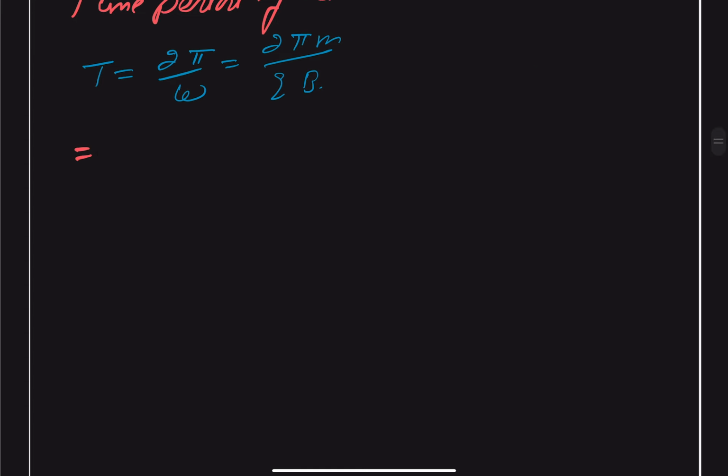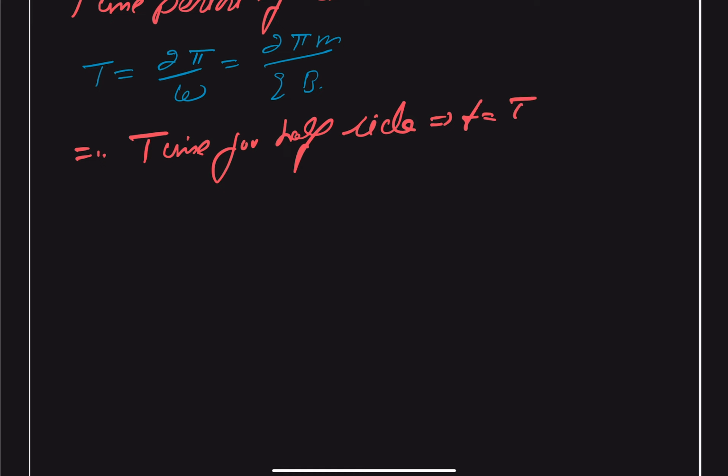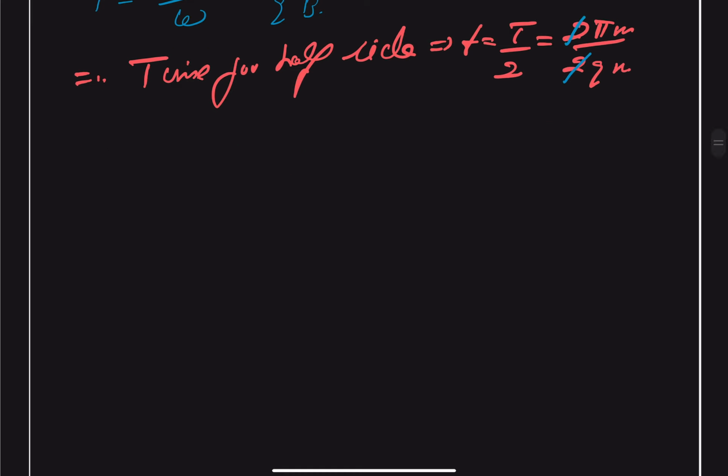So therefore we can say time for half circle, small t, will be capital T divided by 2, and this gives us 2 pi m divided by 2 qB. 2 goes with 2, and we get small t is equal to pi m divided by qB.